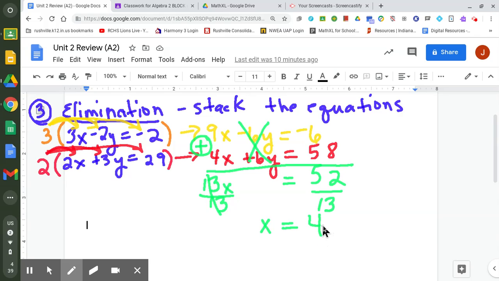So just like problem number 2, I've solved half of the equation now. So I'm going to plug that 4 back into one of my equations. A lot of times I use the equation that doesn't have any negative signs, or the first equation, so it doesn't really matter.